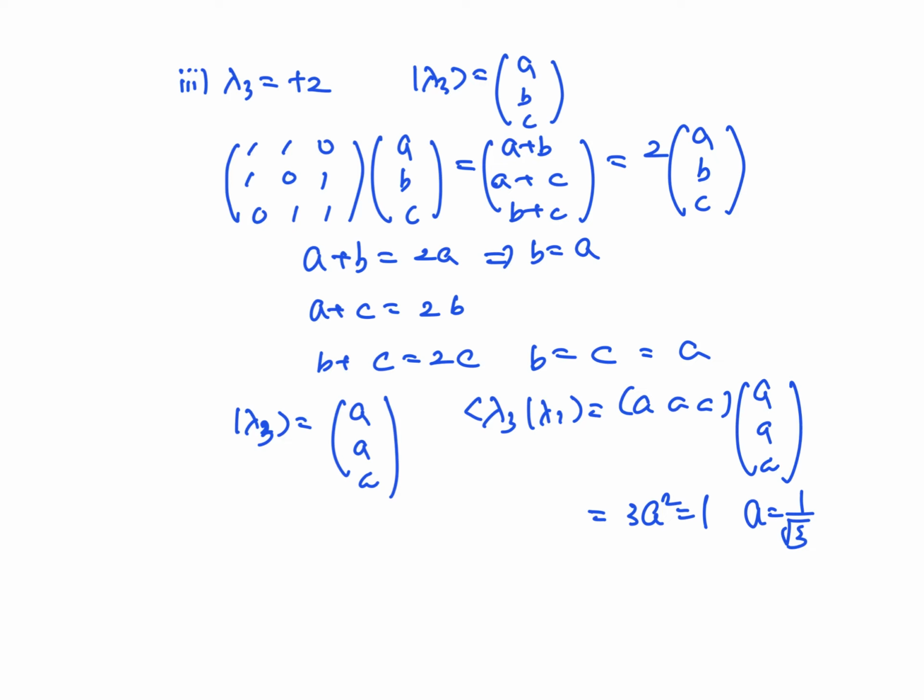A plus B, A plus C, B plus C is twice of A, B, C, right? So A plus B is equal to 2A, that means B is equal to A. B plus C is 2C, that means B is equal to C. So B is common, that means A and C are the same, right?